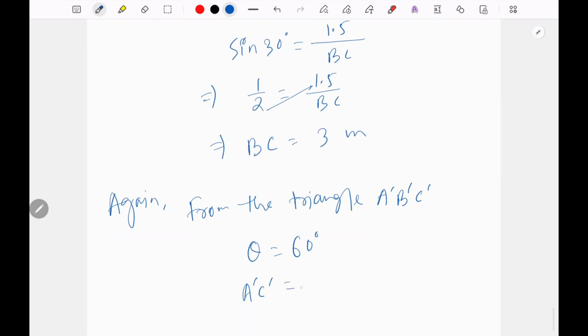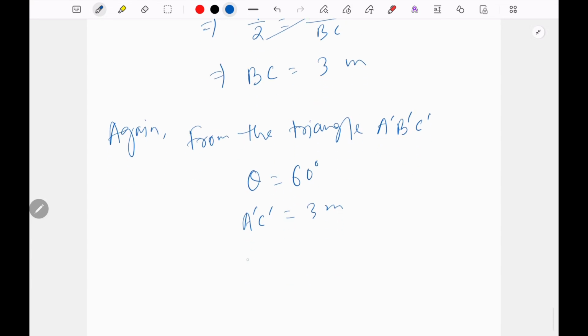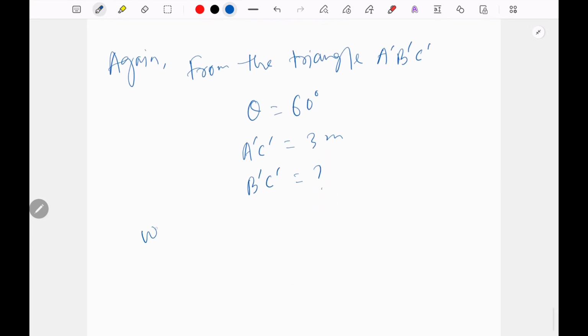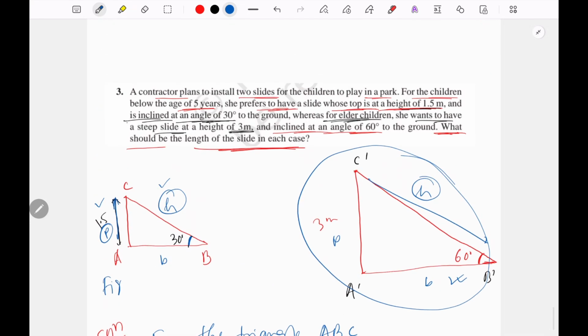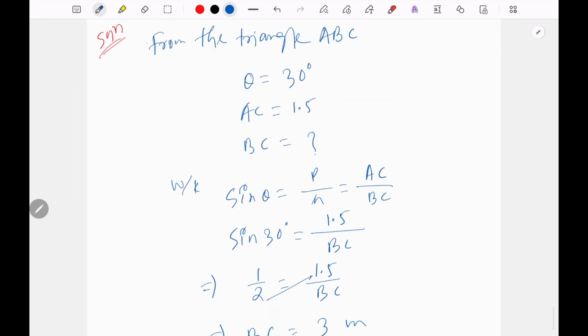So again we know sin theta is P by H, where P is A dash C dash and H is B dash C dash.